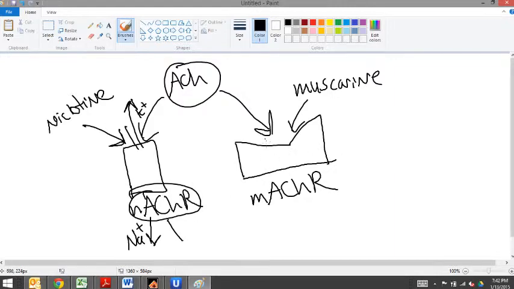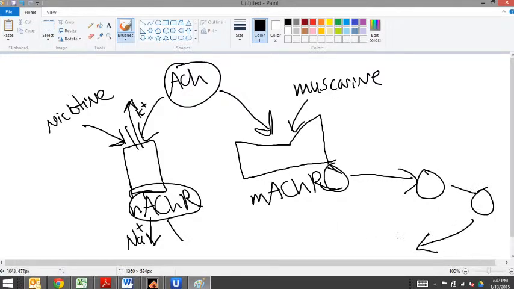With the muscarinic acetylcholine receptor, when that's activated, it'll activate different effector proteins, second messenger cascades, and cause all sorts of great stuff to happen, including but not limited to, well, I don't want to confuse you guys, but it'll cause widespread changes in the efficacy of other ion channels, and also it'll sort of work as a means of potentiating the entire cell for being more receptive to subsequent stimulation.